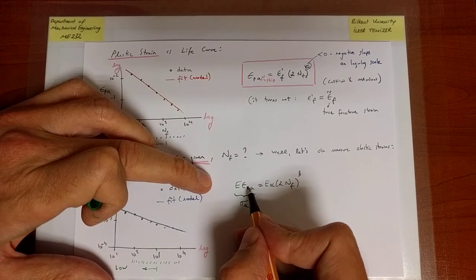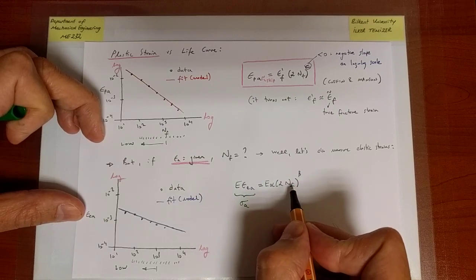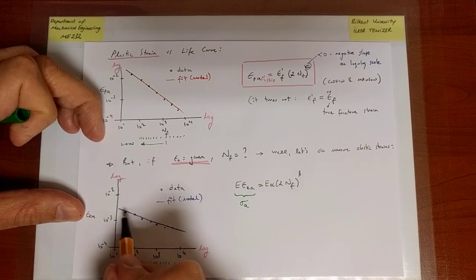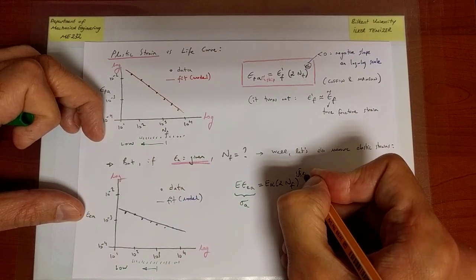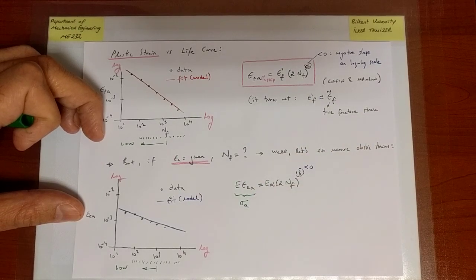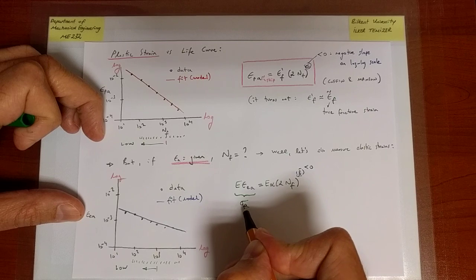So the model says that the elastic portion of the strain is, on a log-log scale, proportional to 2Nf with a negative slope, so beta for sure is also negative. Now I multiply both sides by E, and I see that the stress amplitude emerges.